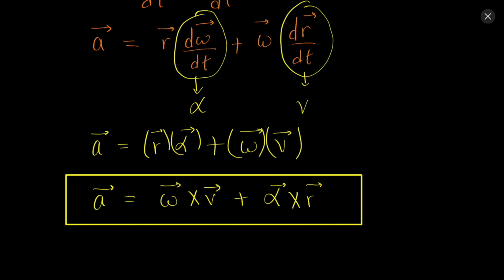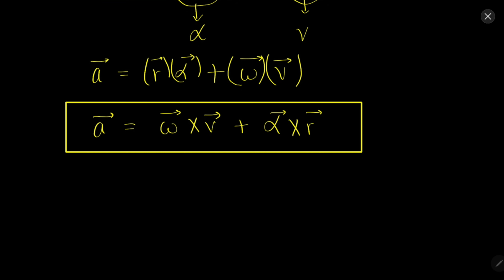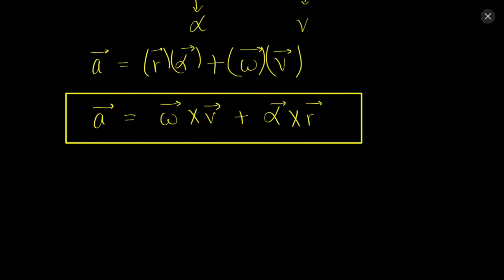So here we have two components. One is the radial component and one is the tangential component. So what is the radial component? Radial component is this one. This is the radial component of the acceleration, radial acceleration.